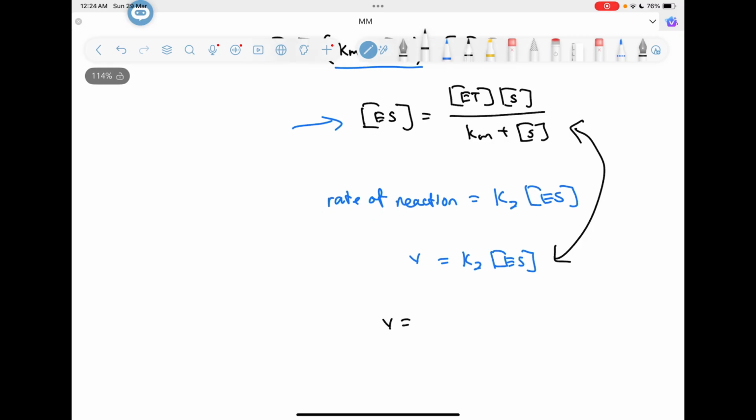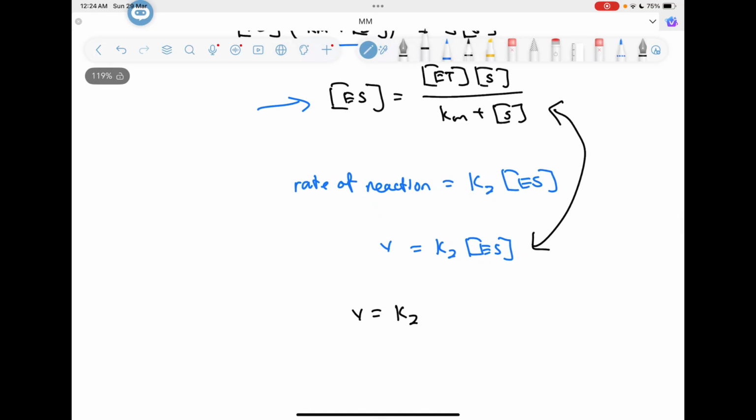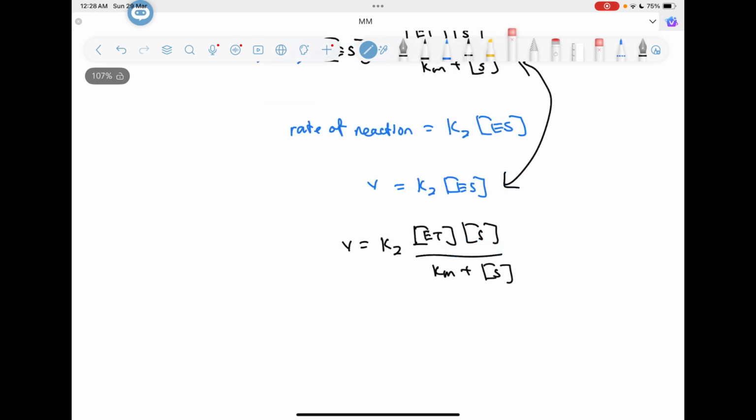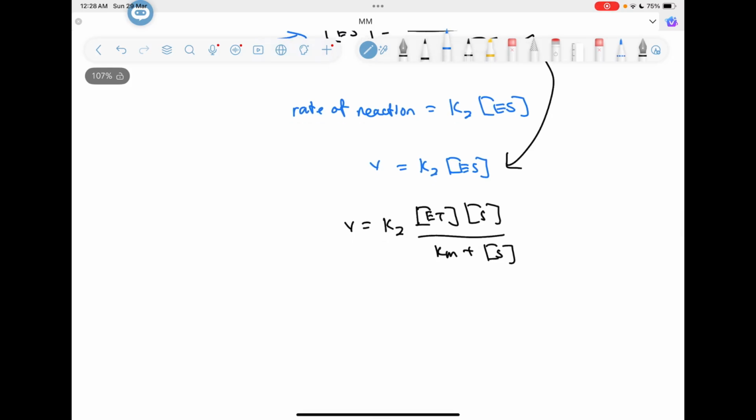Okay, now let's relate these two equations together. So V will be equal to K2, and let's sub the entire ES into this equation. So it will be K2 ET S over Km plus S. Now we are just one final step away from getting our equation derived. Now we will need one last idea to help us get there.